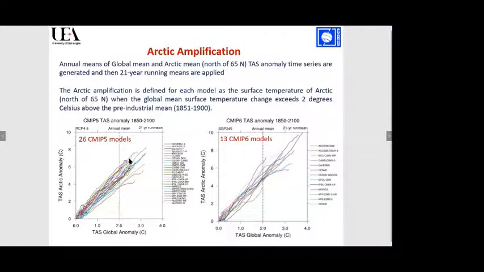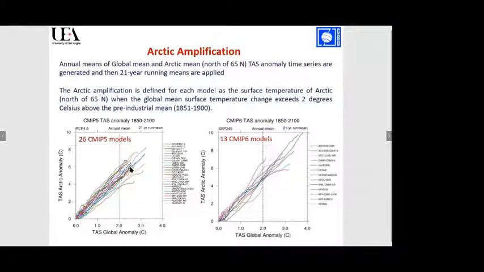We can see that for CMIP5 models, the Arctic amplification temperature range is from 3.8 to 6.2 degrees Celsius. In CMIP6, out of 13 models, similarly, the minimum Arctic amplification is 3.8 degrees and the maximum is around 6.5 degrees Celsius.